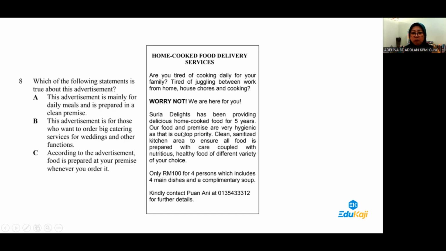If it's asking for a true statement, you can see the choices are a little bit longer, compared to the text given. Alright?